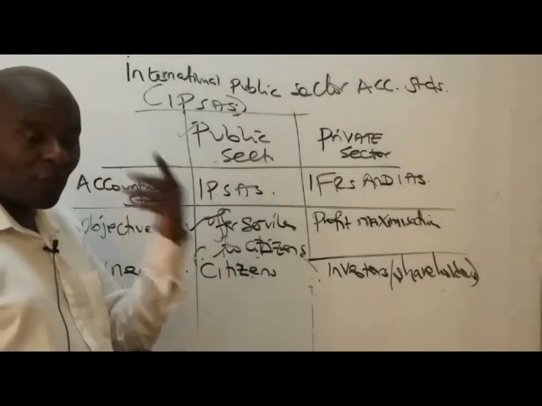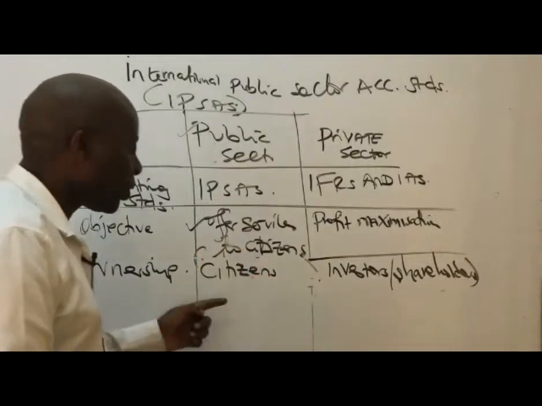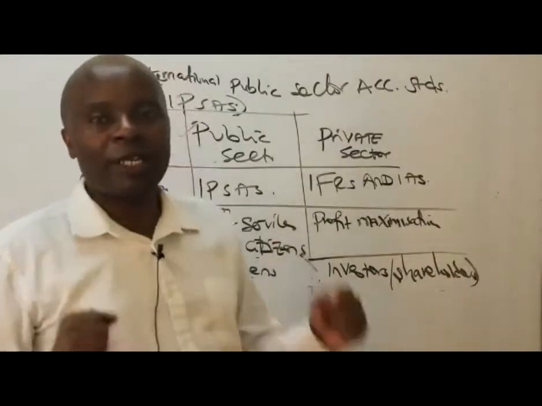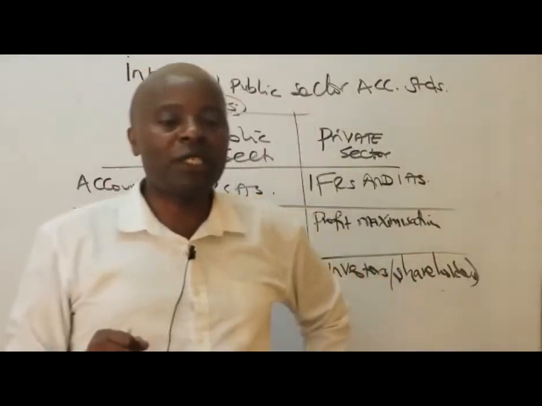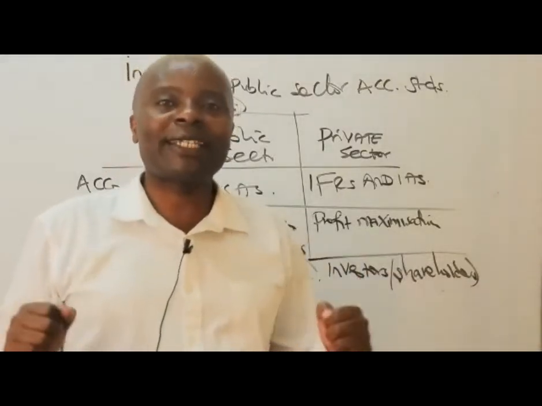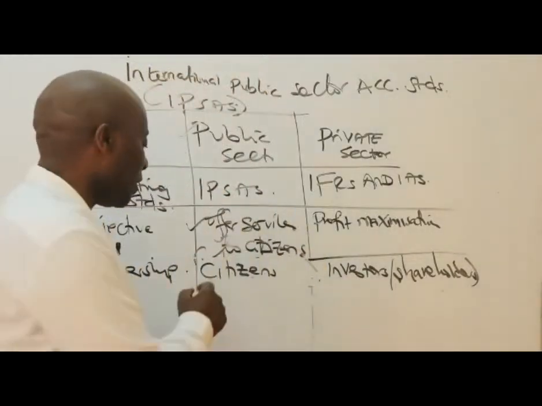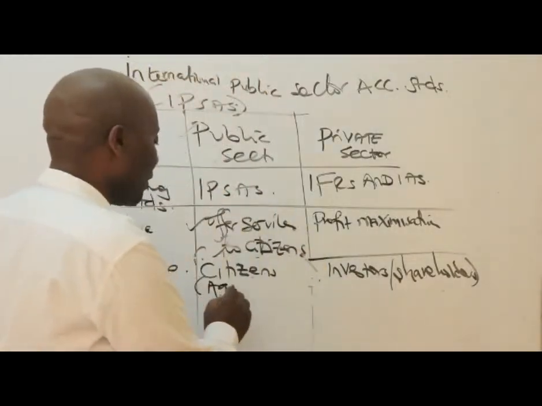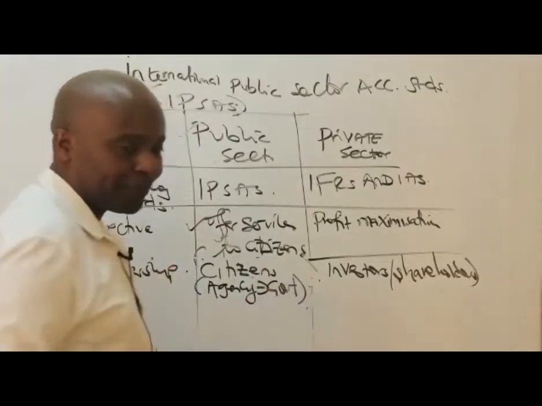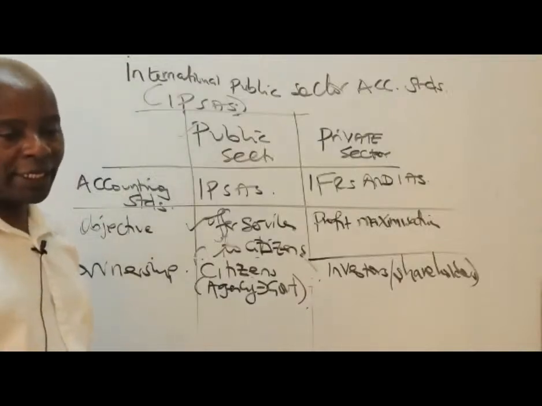Of course, in this case, citizens, as much as we are the owners, we can't run to KRA, for example, a government body, and sit there saying that today I'm making myself a director. No, there is our agency. The agency is the government. These are our agents.